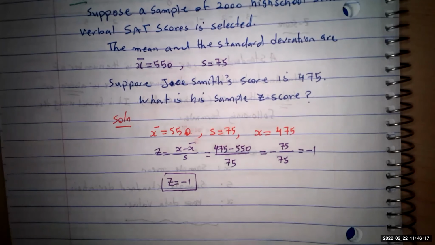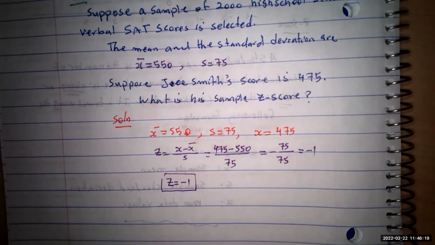What does it mean about his score? Any suggestion? Joe's Z number is -1. What does it suggest? Joe's score was below the mean, or the average.